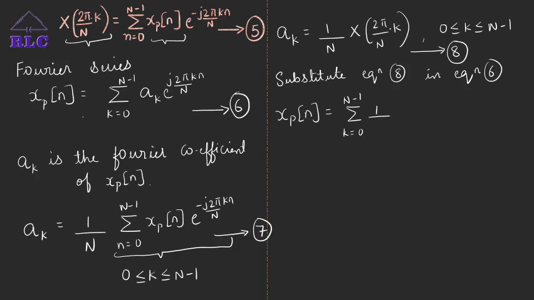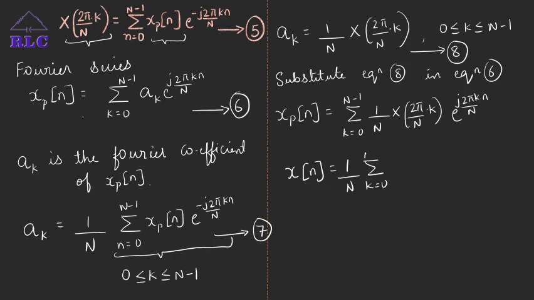Ak value is 1 over N X of 2 pi by N into k into e power j 2 pi k n by N. Now xp of n is a periodic sequence, so xp of n can be written as x of n. X of n is equal to 1 over N can be taken outside, 1 by N summation k is equal to 0 to N minus 1 X of 2 pi by N into k into e power j 2 pi k n by N.